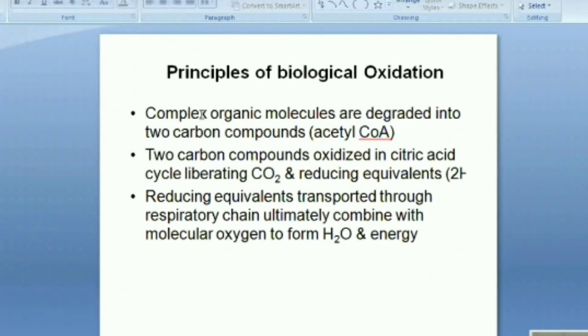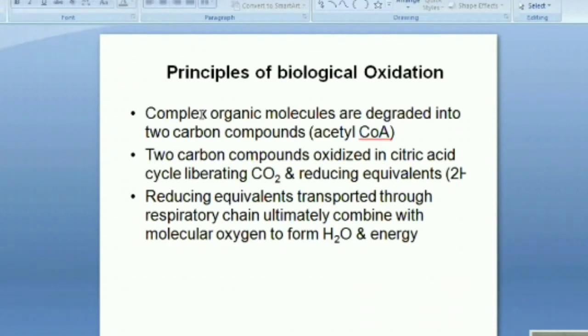These reducing equivalents are taken out by coenzymes, and these coenzymes transport the reducing equivalents to the respiratory chain. In the respiratory chain, the reduced coenzymes are oxidized, and from these reducing equivalents, ultimately, energy is produced.